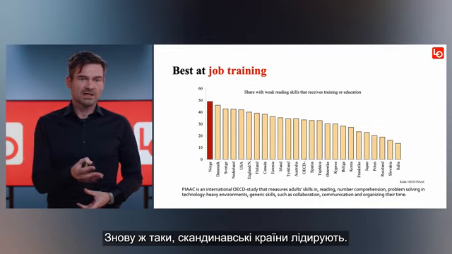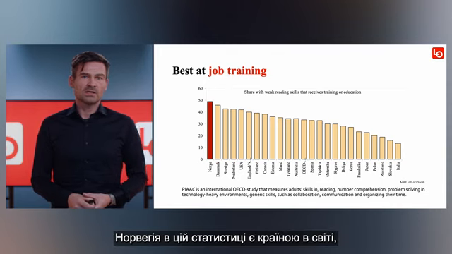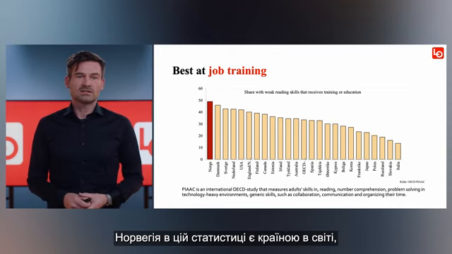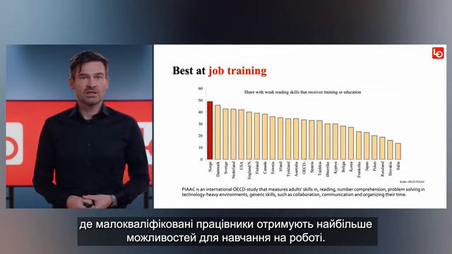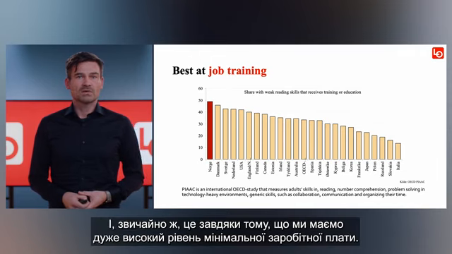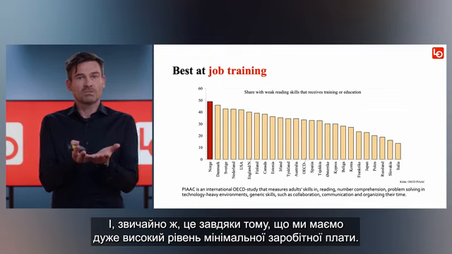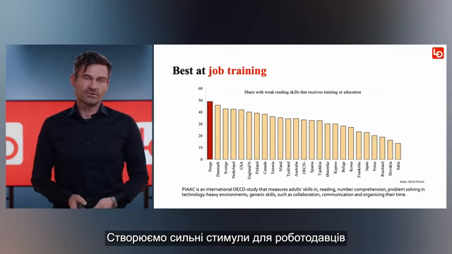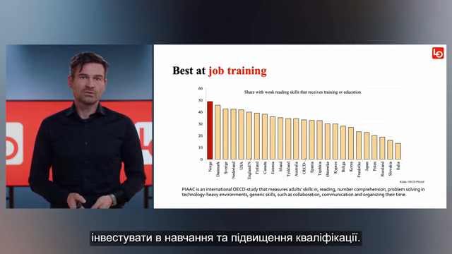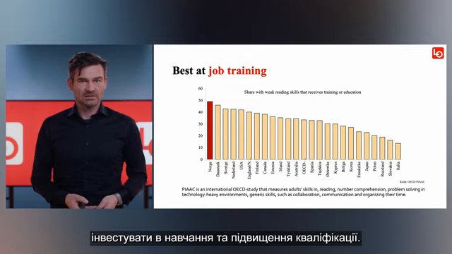And as you can see, again, the Nordic countries are at the top. And Norway is, in this statistics, the country in the world where low-skilled workers receive the most training on the job. And of course, that's because we have a very high minimum wage level, making strong incentives for employers to invest in training and upgrading skills.